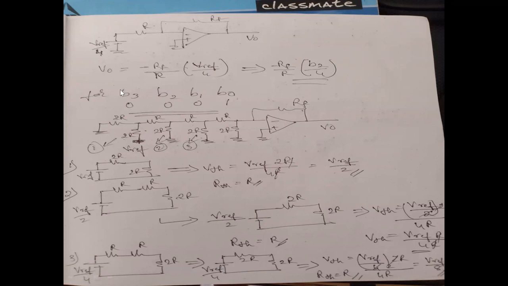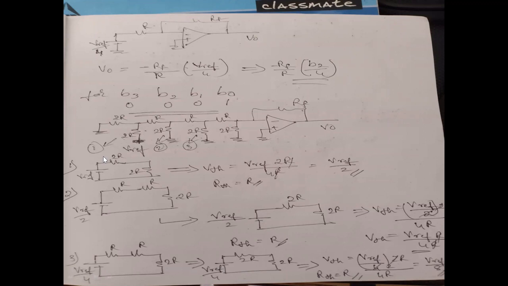Now for the next input, where B0 is high. This is your B0. So when this is high, what happens to your circuit? We'll see. Since we are connecting the voltage source to this terminal of your input, find out the VTH here itself.